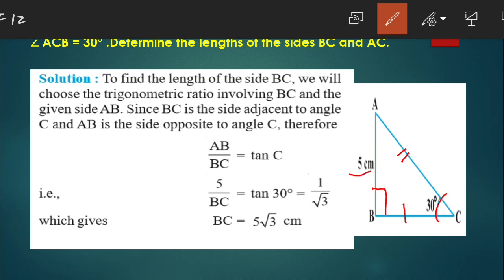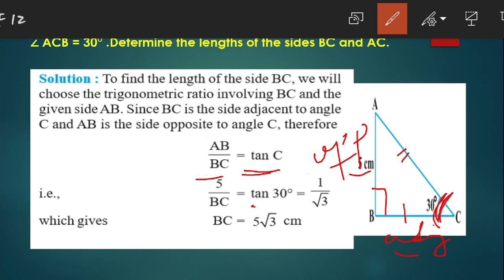If you consider this angle as the acute angle, you can say that this will be the adjacent and this will be the opposite side, right? So you can write that tan C is equal to, what is the formula of tan? It is opposite by adjacent. So tan C is equal to AB by BC. Now C angle is given as 30 degree.